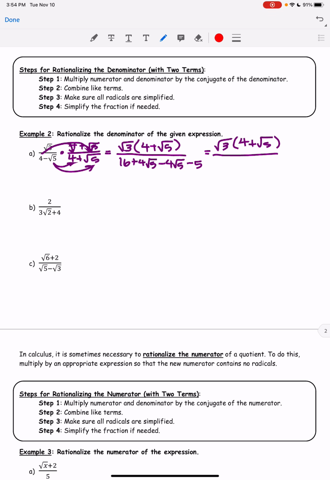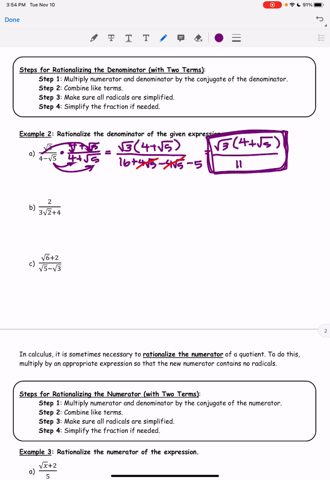Because those are opposite signs, they cancel out, and that's what's going to happen every single time. That's your difference of squares. So those are gone, and now all I need to do is combine my like terms. 16 minus 5 gives me 11, and that is my answer.